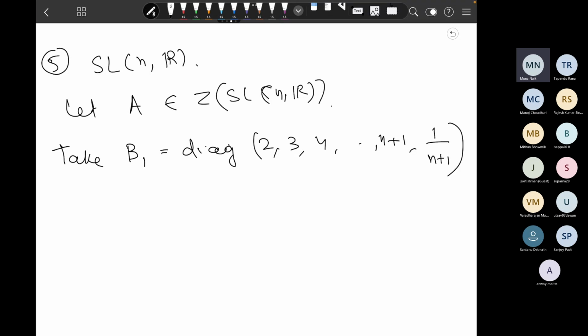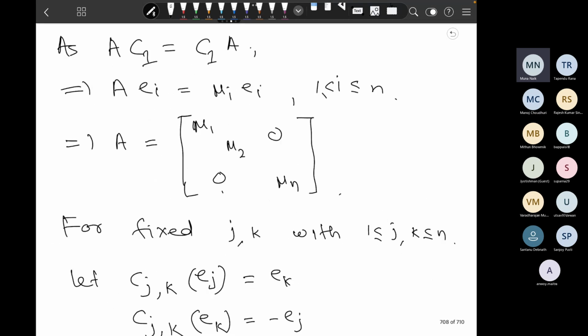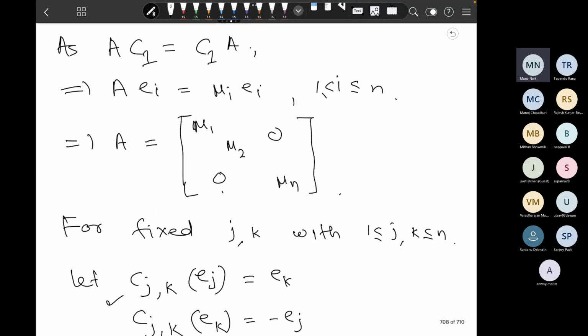This belongs to SLNR. After that you will conclude that A is a diagonal matrix, AB1 is equal to B1A. Here determinant is 1, and for the matrices which you have taken for the SUN case, the determinant of Cj comma k is really 1 and these are all real matrices.